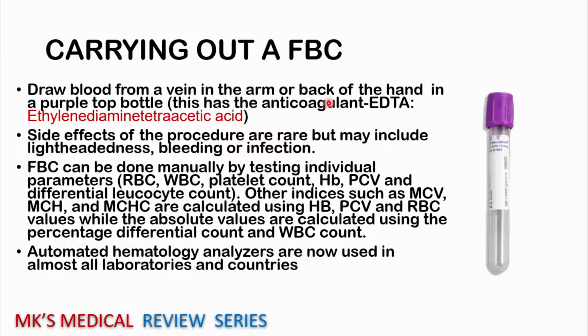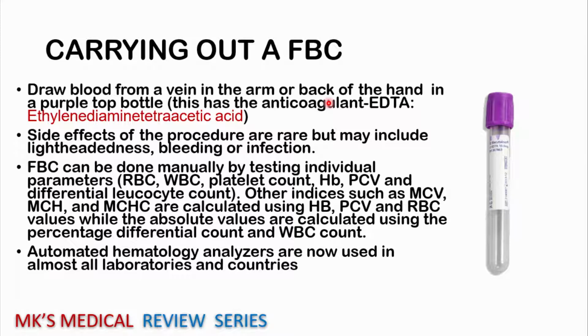While the other indices such as the MCV, MCH, and MCHC are going to be calculated using your HB, your PCV, and your red blood cell values, while the absolute values are calculated using the percentages of the differential count over the total white blood cell count. I will tell you what all these definitions mean very shortly. So if you are still lost and have no idea what MCV, MCHC, RBC, WBC mean, I will point towards this later on.